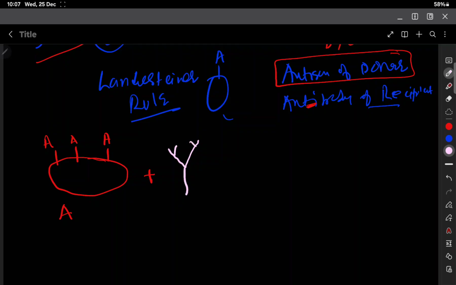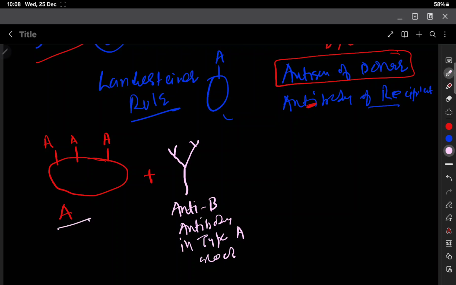This is an anti-B antibody in type A blood. So this is blood group A, and in this blood there is the presence of anti-B antibody. What will happen? Will these two react or not?